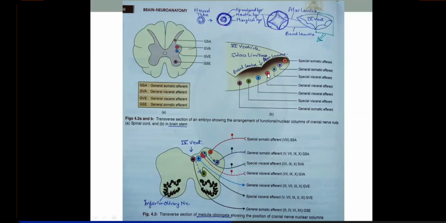So general visceral afferents will overlap general visceral efferents, and in between the two is a special functional column which is only in the brainstem, not in the spinal cord, and this one is special for the branchial apparatus. Special visceral afferent will overlap special visceral efferent, right? So this is how the functional columns are arranged.